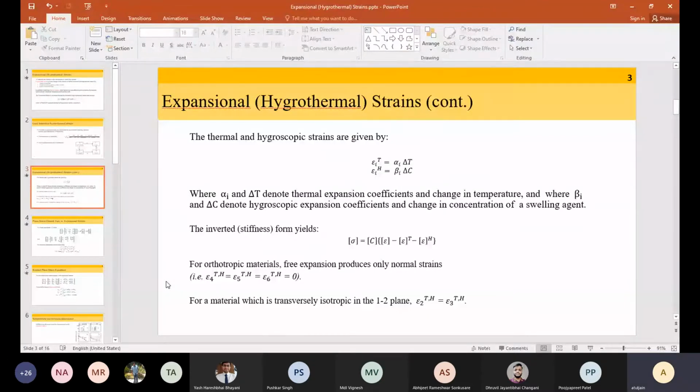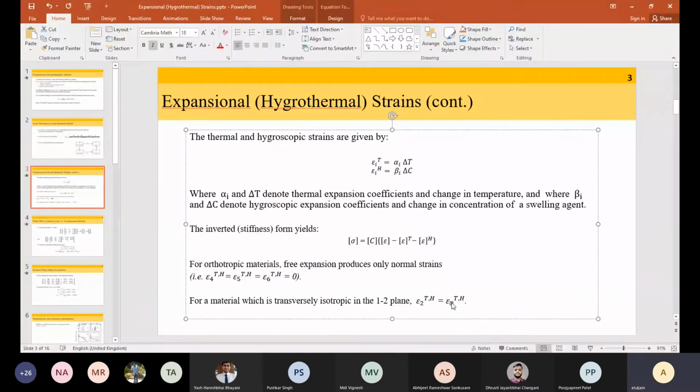And like was defined for stiffness, if a material is transversely isotropic in the 1-2 plane, then strain in the 1-2 plane will also be the same due to thermal expansion.